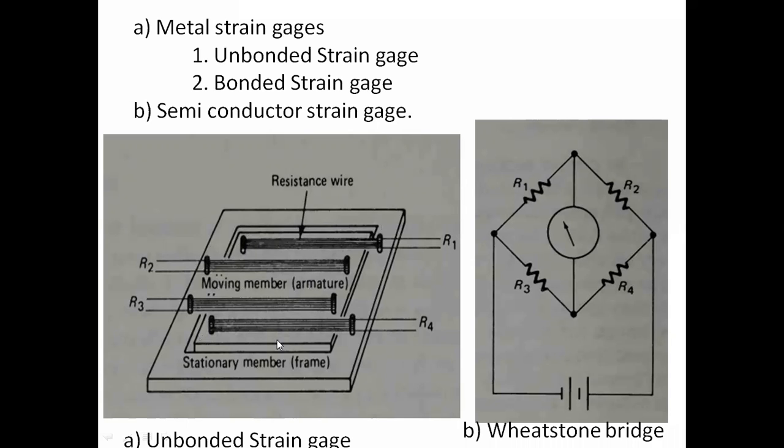Whereas for R2, one side of the resistance wire is wound along these poles, one pole at the stationary member and another pole at the moving member. Like this we can use four resistive wires, which are wound over these insulating poles.